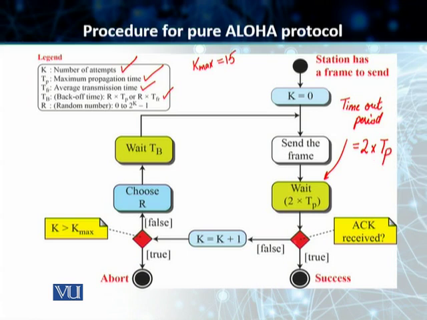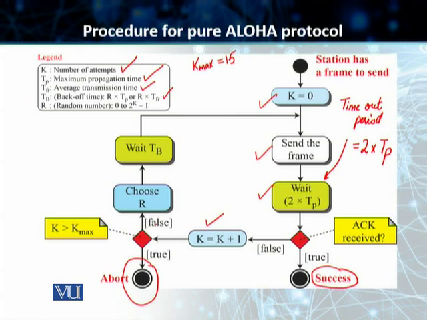Within that 2 TP, if an acknowledgement is received once the frame is sent in the first attempt, K equal to 0, we have sent the frame and we wait for 2 times TP. If the acknowledgement is received, we stop there because we have succeeded in sending our data. If the acknowledgement is not received, we go to the next attempt, and if we fail, we abort.